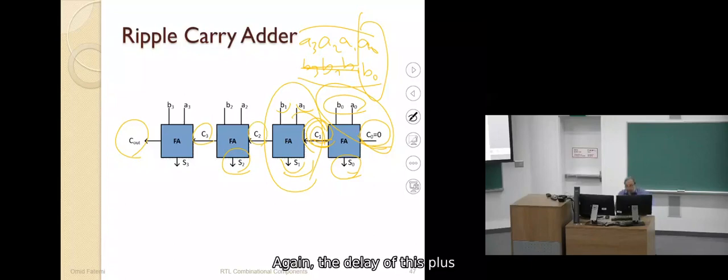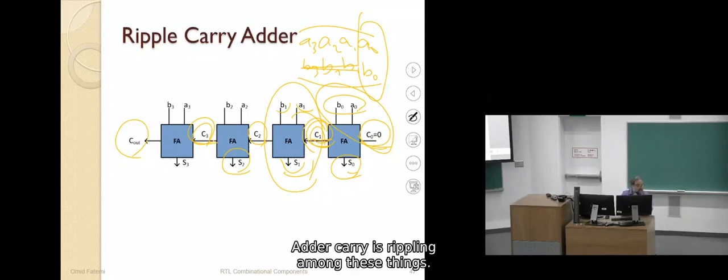The delay of this plus the delay of the previous stage are accumulated, and C2 will be generated with a delay. Now C3 will be generated. So the carry is rippling among these stages. So we call this a ripple carry adder. The carry is rippling among these things.